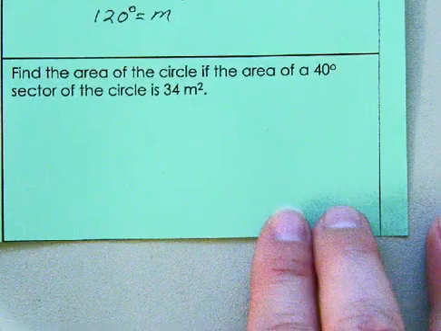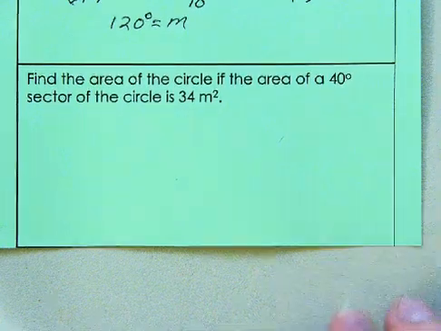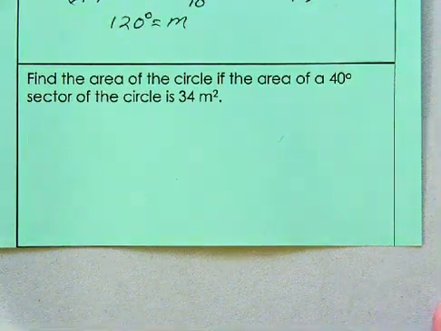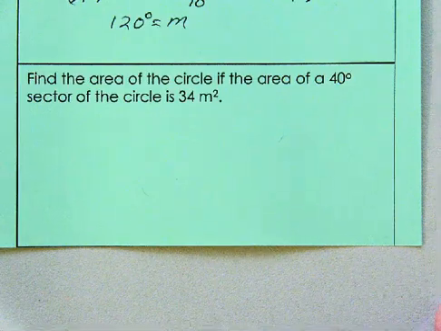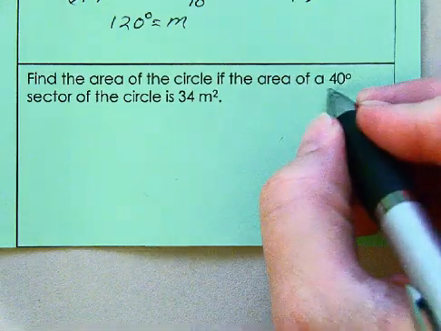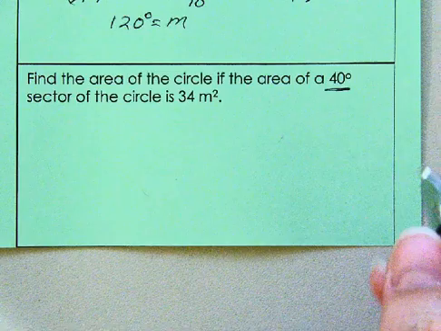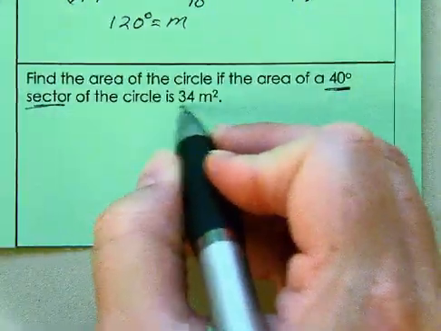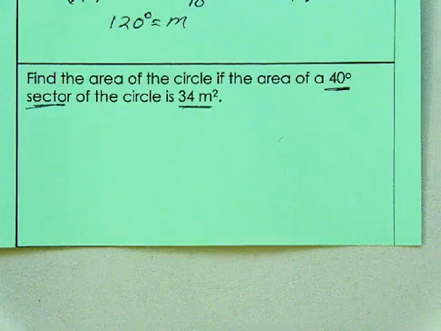Last one. We're going to find the area of the circle if the area of a 40-degree sector of the circle is 34 meters. So 40 degrees, the area of the sector is 34 meters squared.